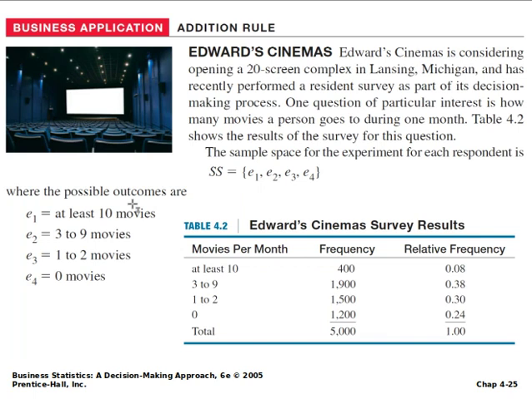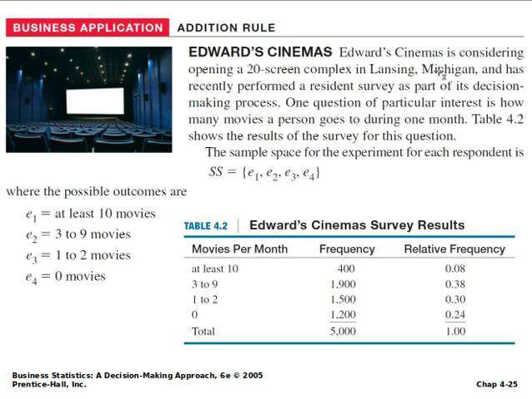Now, let's illustrate using a scenario. Edwards Cinemas, a cinema like those at Robinsons or SM, is considering opening a 20-screen complex in Lansing, Michigan.